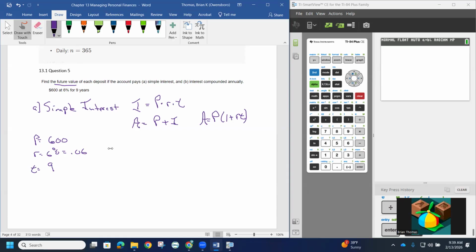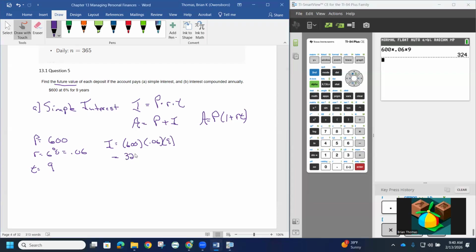If we're just calculating interest, we would go 600 times the rate of interest, 0.06, times the time, 9 years, and that would calculate the actual interest on our deposit. If we do the math on our calculator, 600 times 0.06 times 9, that says we would have made $324.